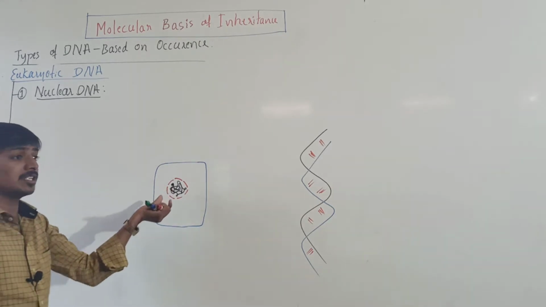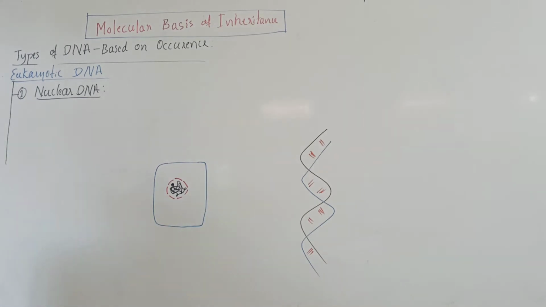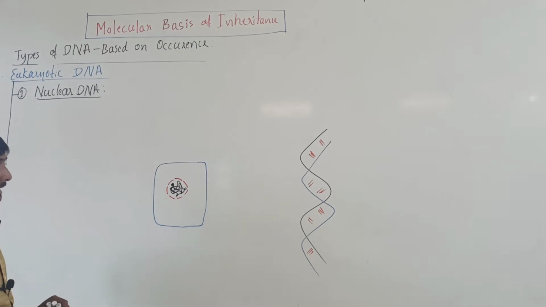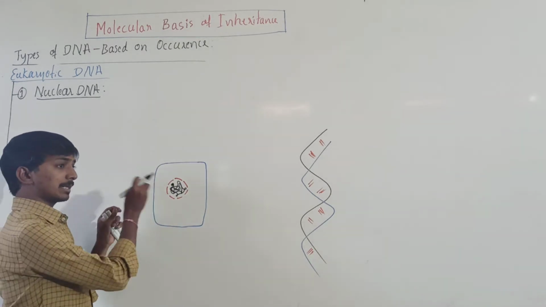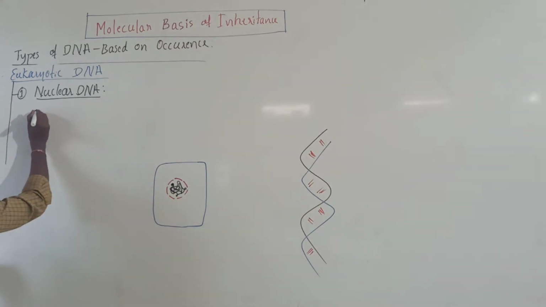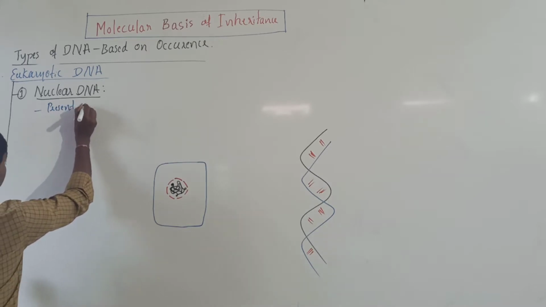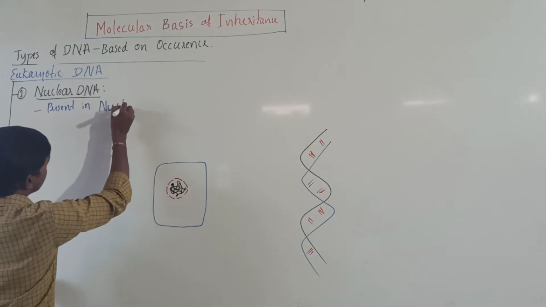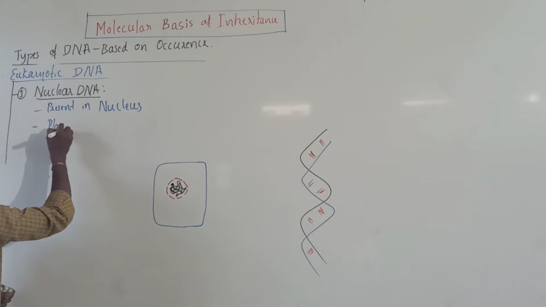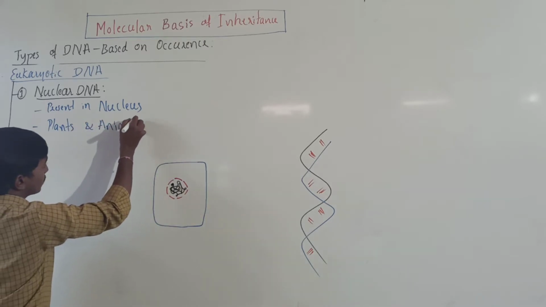This chromatin is made of DNA. It may be heterochromatin or euchromatin, but both of them contain DNA. This DNA present in the nucleus is known as nuclear DNA, seen in higher plants and higher animals.